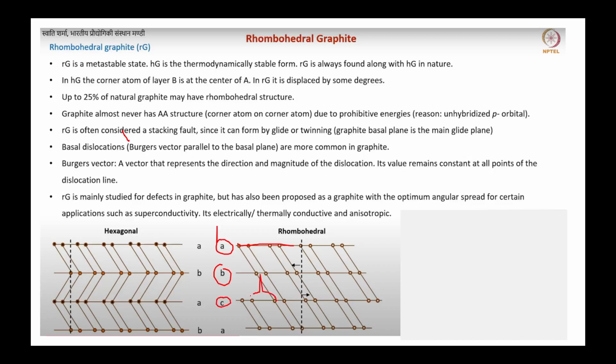Again when it comes to A, it will come parallel to this, and again it will go like this. But in the case of hexagonal, you will see that it is AB, AB. But here it is ABC, ABC.